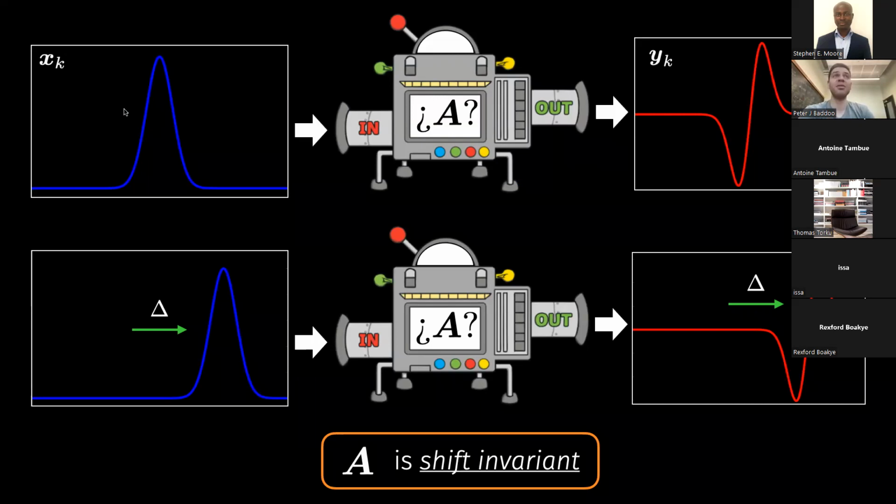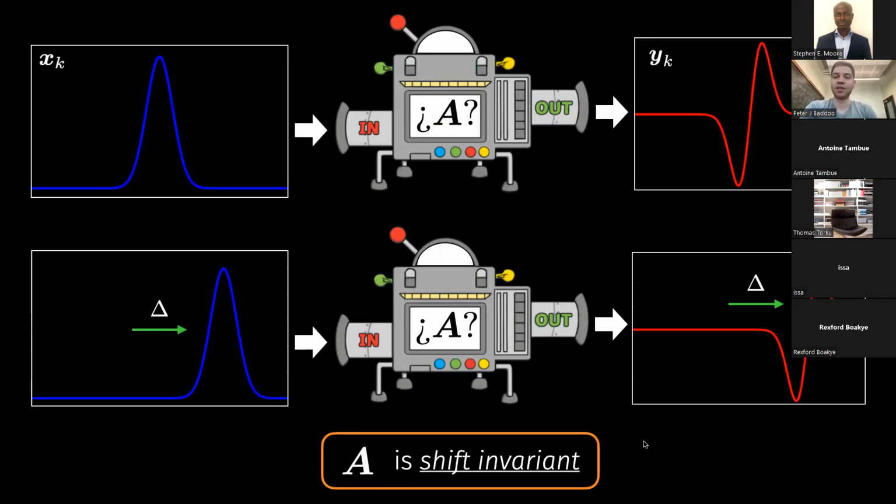We know that if we plug this xk into A, then we get a yk out that looks like this. And we might also know, from certain physical properties of the system or its geometry, that if we shift the input and plug it into A, then we get the same output, but shifted by the same amount. So another way to phrase this is that A is a shift invariant matrix. Shifting the input is the same as shifting the output.